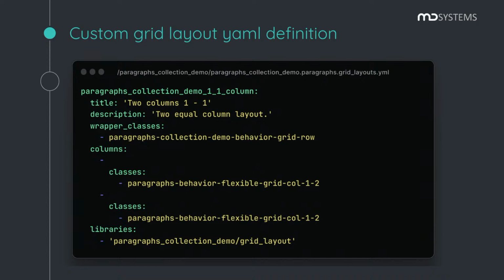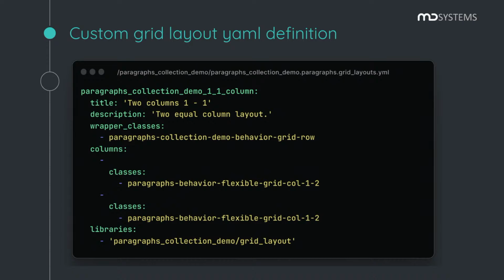So for your container, if the container has paragraph items, the wrapper class will be attached to the container. And now you have columns, which are basically the items in your container. This says the first column, apply this class, the second column, apply this class. If you have a third and fourth item in your paragraph, it will just go from the start again.